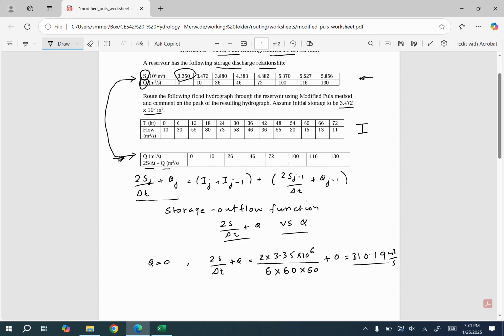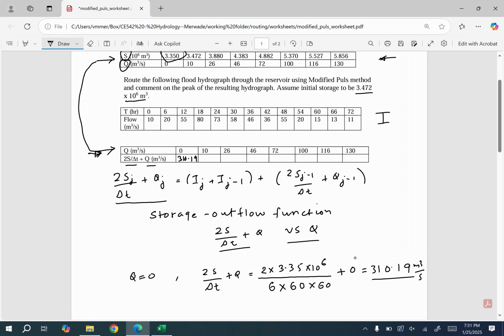So this value, 310.19, will go here. I'll zoom in. So this is 310.19. It looks like 316, but you know it's 310. Now let's do this one more time, and then you know what to do here.